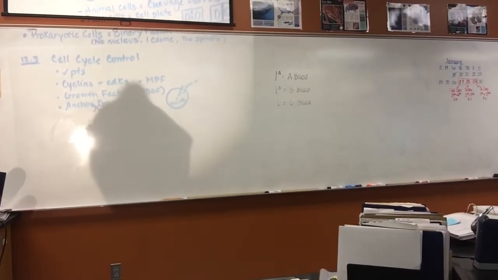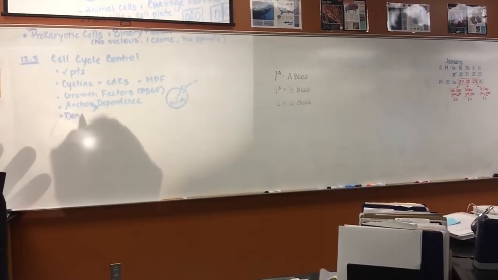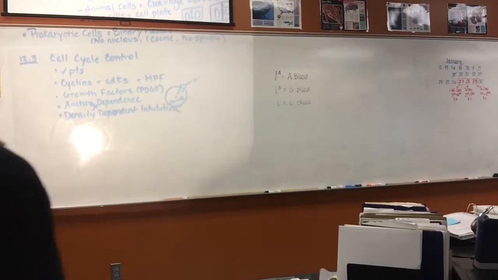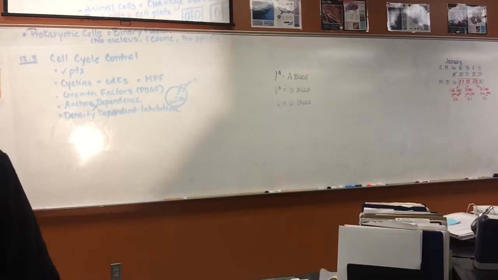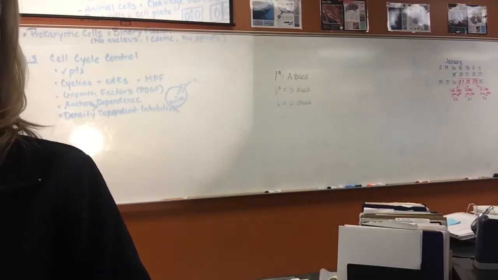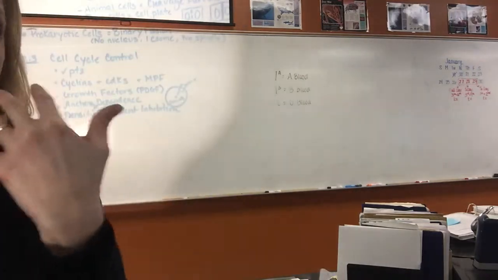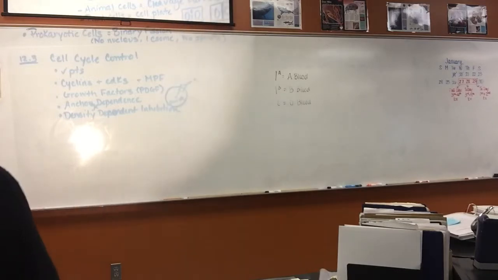And then there's density-dependent inhibition. This means that the cells stop dividing when what happens? Yeah, when they're touching other cells from all sides, so when they run out of space or become dense, or crowded, they stop dividing.